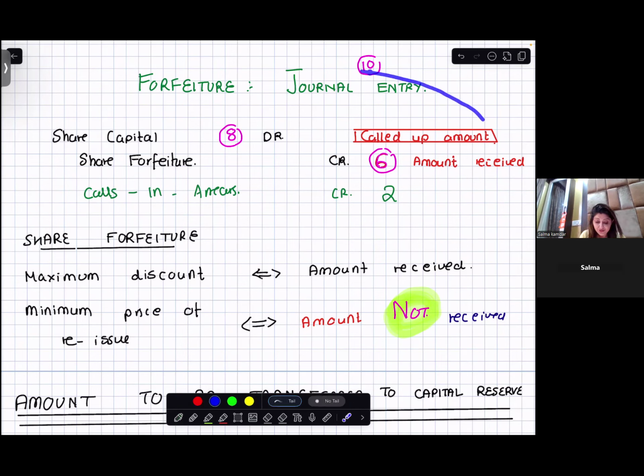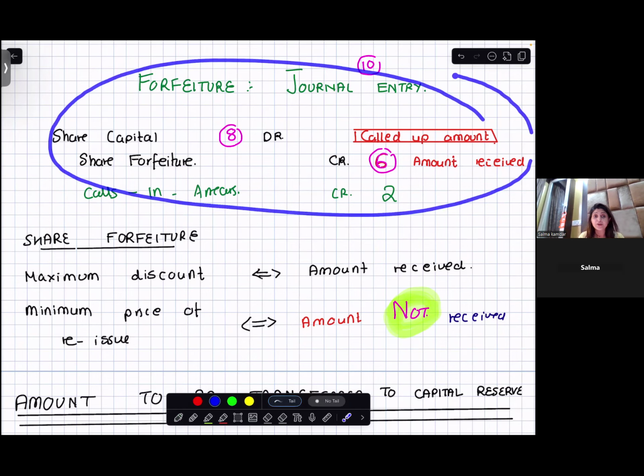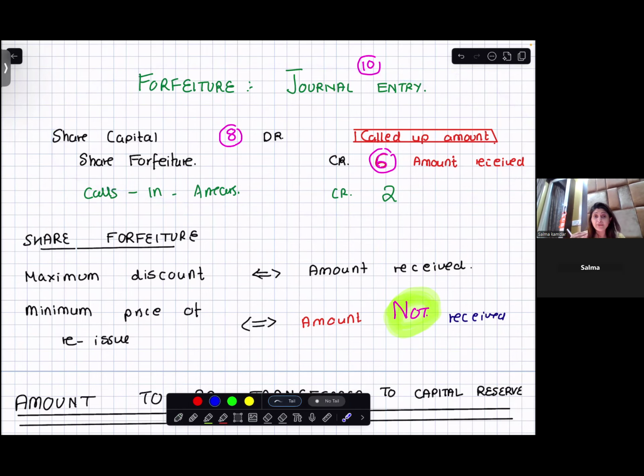So the journal entry for forfeiture would be share capital debit with the called up amount, share forfeiture credit with the amount received, and calls in arrears credit with the amount not received.